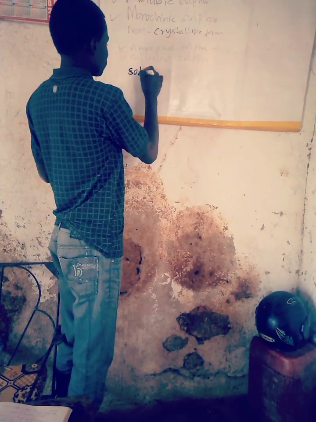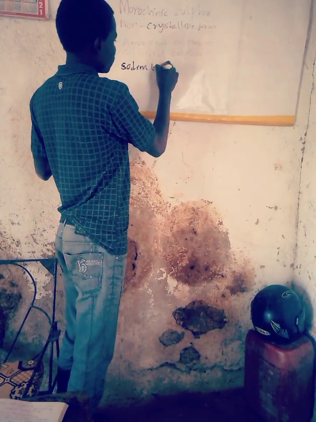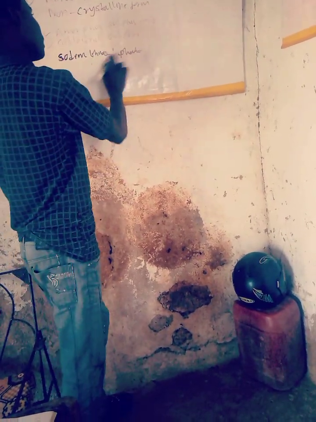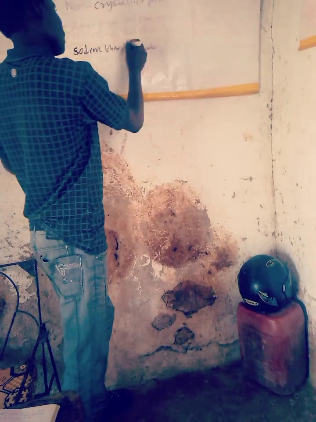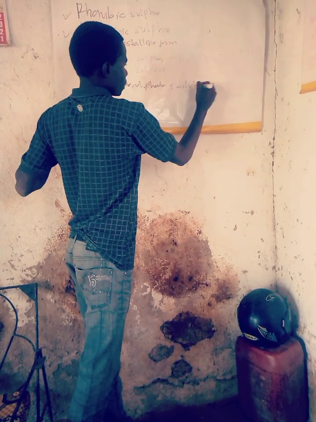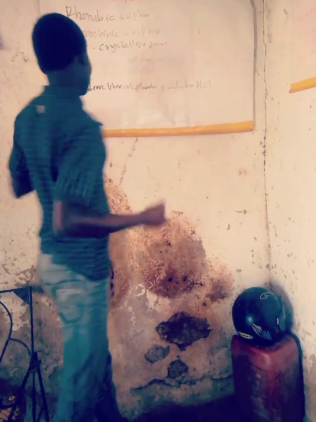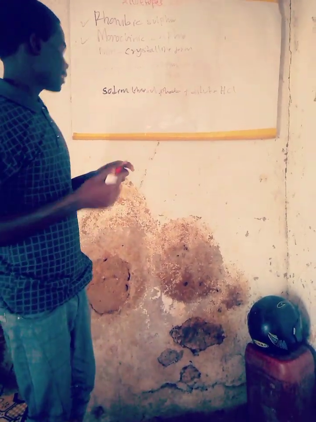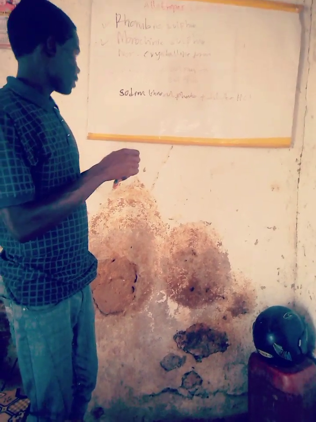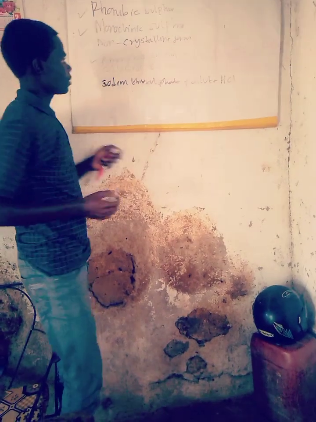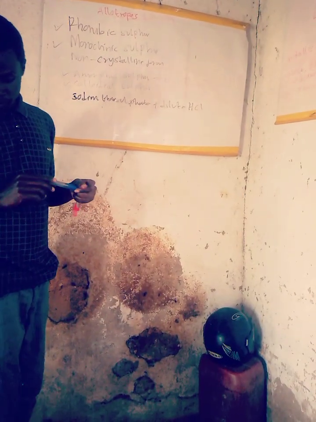Sodium thiosulfate reacts with dilute HCl to form colloidal sulfur, water, and sodium chloride. This is how colloidal sulfur is formed.